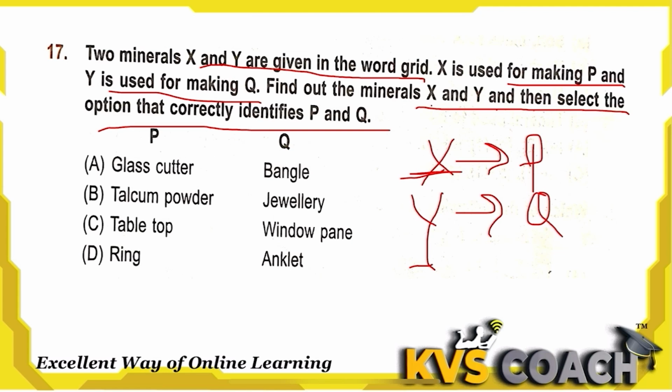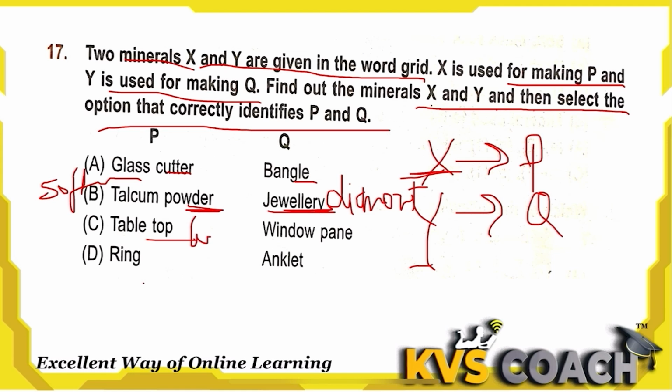Here we have glass cutter, bangle, talcum powder, jewelry. They are saying these are the minerals. Talcum powder is made from a mineral, the softest mineral, and in jewelry we use the hardest mineral, diamond. So I think option B will be the right answer for this question.